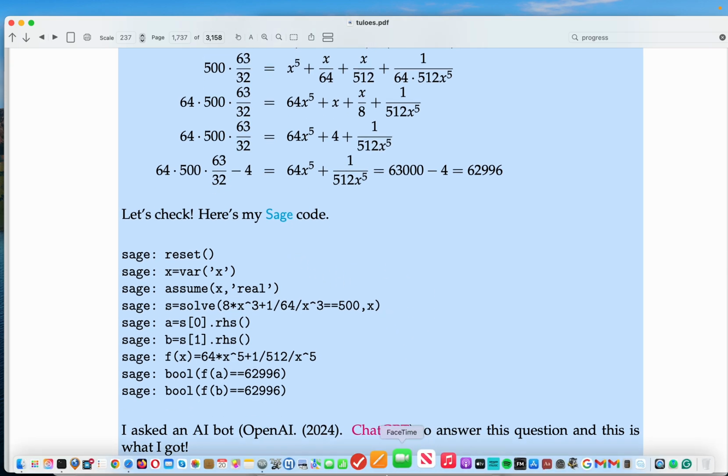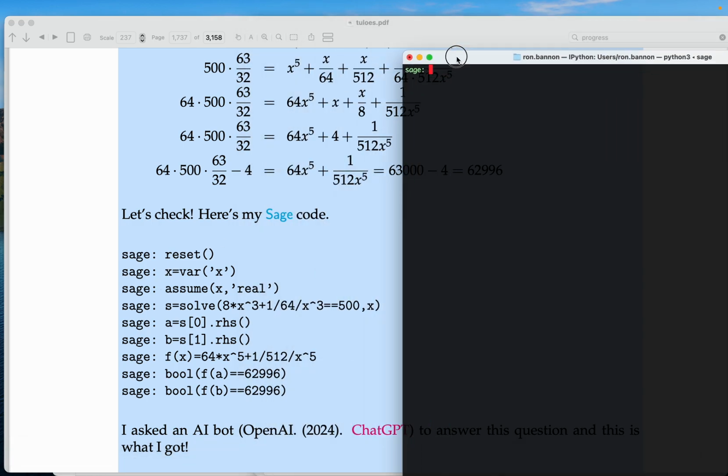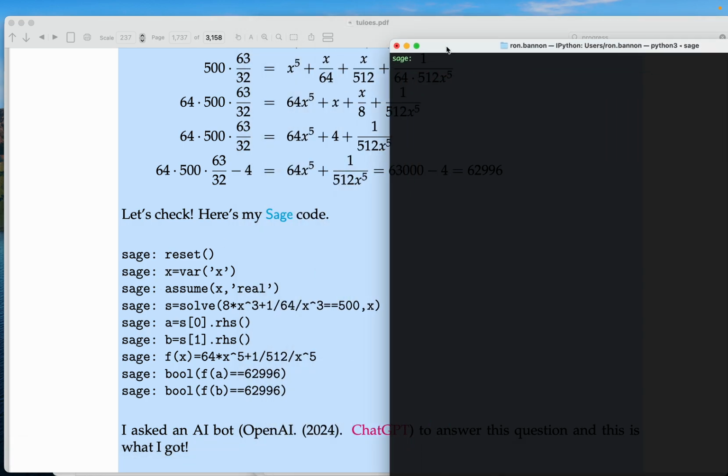All right? So I'm going to open up Terminal again. I'm going to clear the screen. I'm already in Sage. And let's type it in. First thing is reset. That clears out any issues from prior problems like stored variables, things like that.